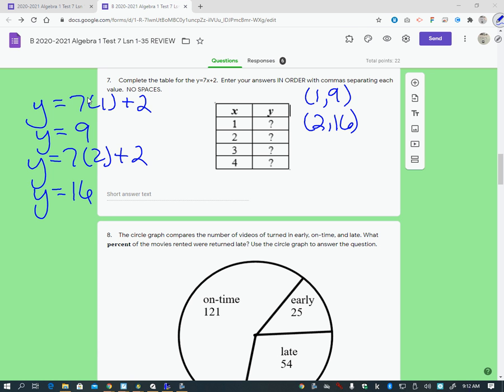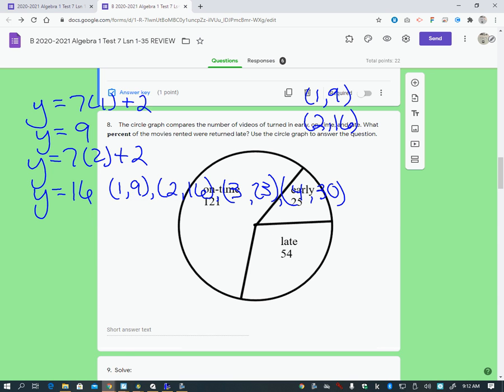So what you're writing down here is 1, 9, comma, 2, 16, comma, 3, and this is going to be 4. I'm showing my work: 7 times 3 is 21, 21 plus 2 is 23. 7 times 4 is 28, plus 2 is 30.